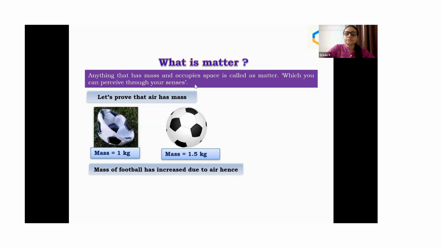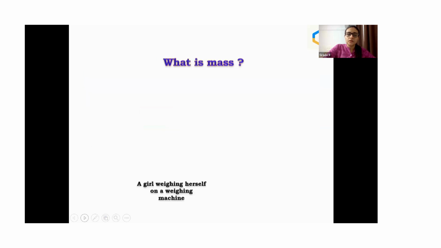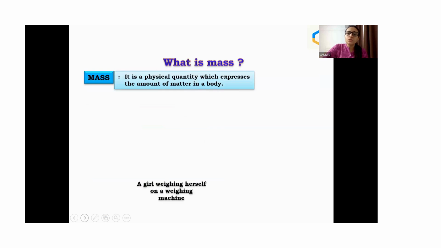Now there is a very tiny concept after this mass. This you have done. Now, what is mass? And it has been compared to a very interesting topic. Let us see. So mass, we know that it is a physical quantity expressing the amount of matter present inside a body.